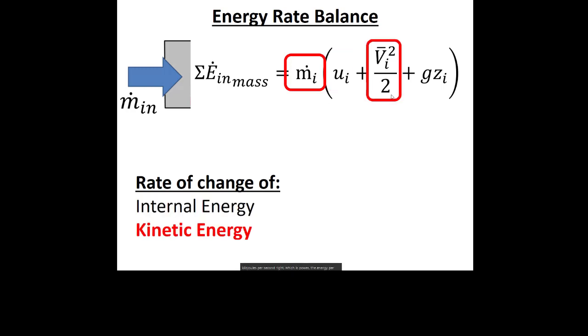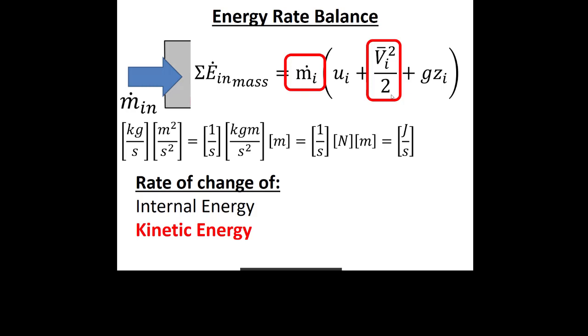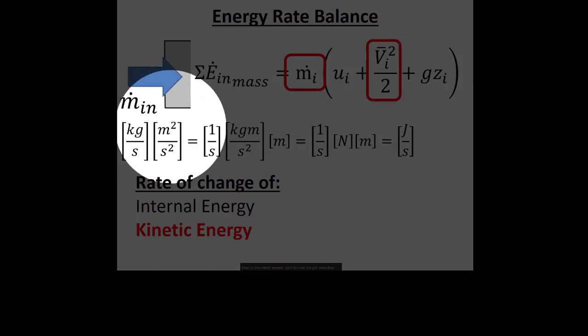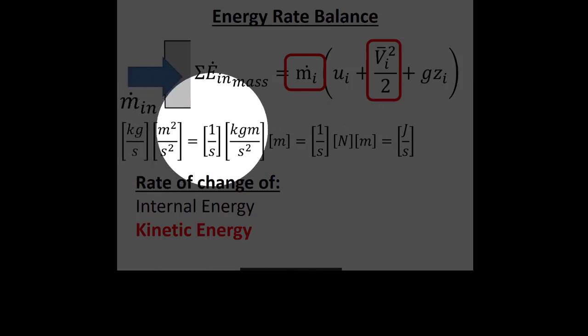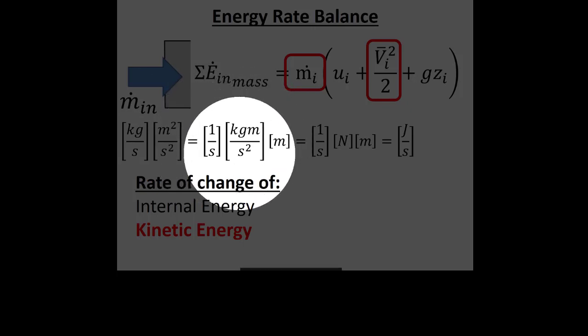It gets a little trickier with these other two unit types, even in the metric system. So now I've got mass flow rate, kilograms per second, times the velocity squared, so that's meters squared per second squared. Now I can make this 1 over seconds times kilogram meters per second squared.